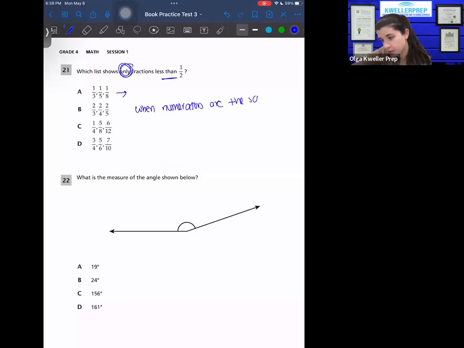So when numerators are the same, the higher the denominator equals smaller fraction, right? So here the denominator 3, 5, 8, all of those are greater than 2. That means all those fractions are smaller than 1/2. And that means we don't have to waste our time with any other of these options and figure out the more complicated fractions. We know automatically that our answer is A.